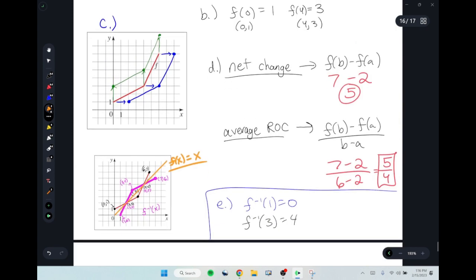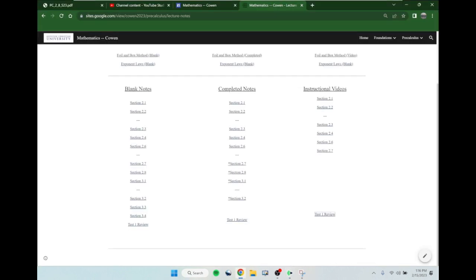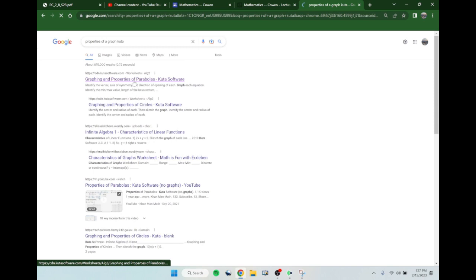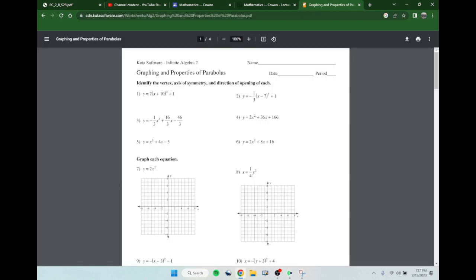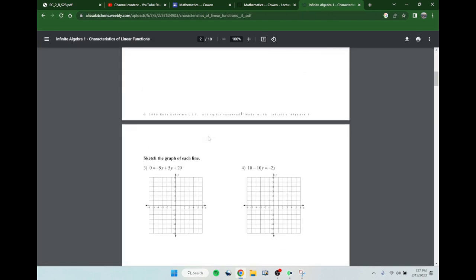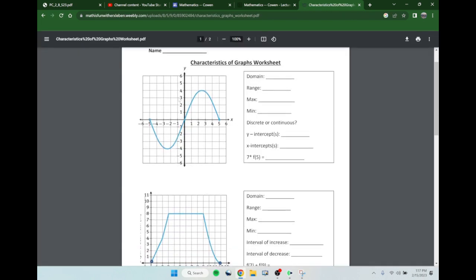Next one. That's a long one, but that's a good one to practice. I'm going to hunt down a properties of a graph problem while y'all do that, to post for practice. Haha, that's it. Sweet.